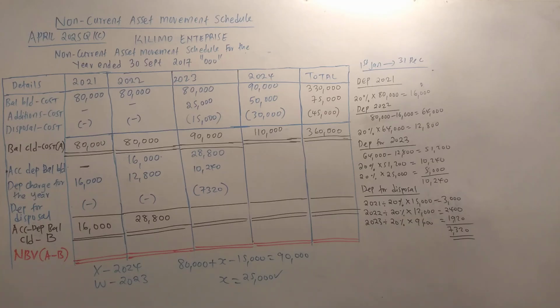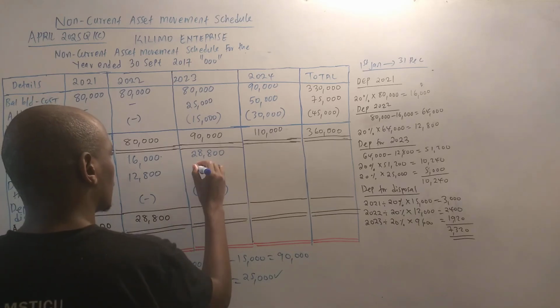So let us find the figure. 28,800 plus 10,240 minus 7,320. I'm getting 31,720. Oh, that's supposed to be 15, sorry. There was a mistake here.